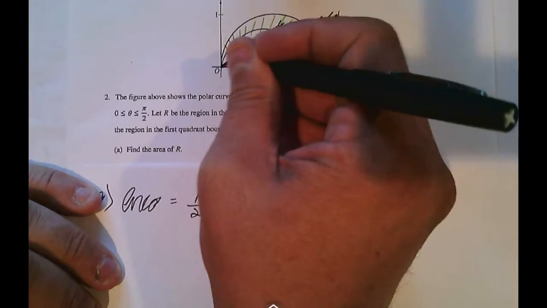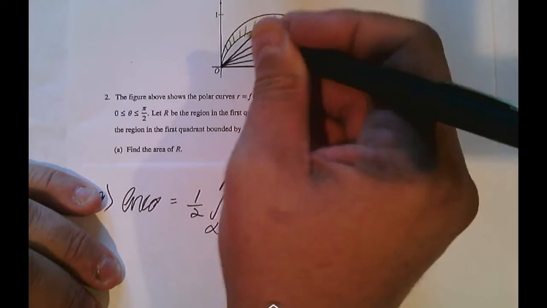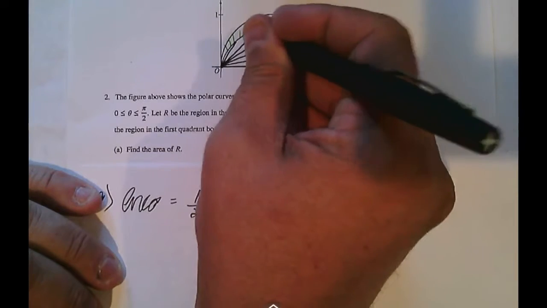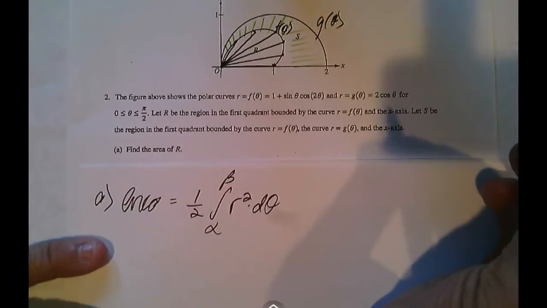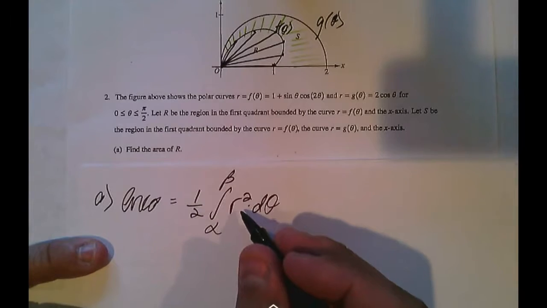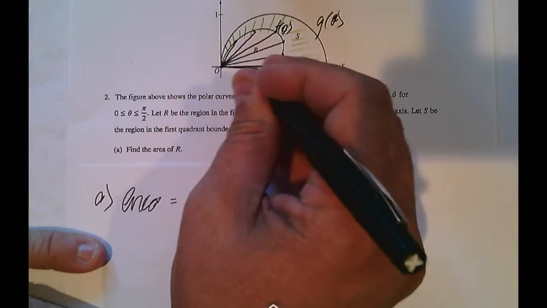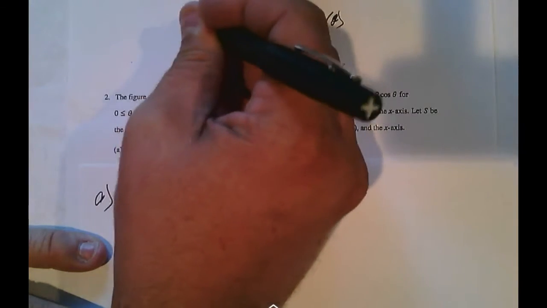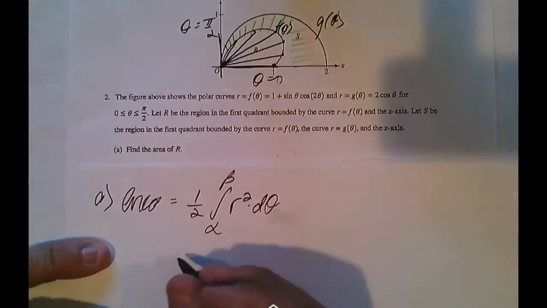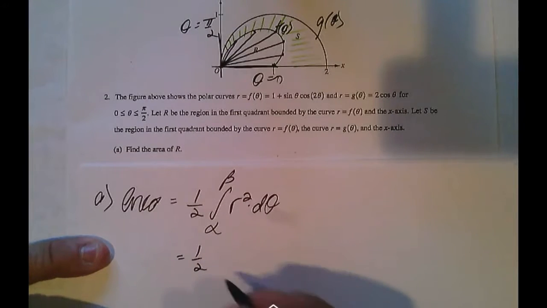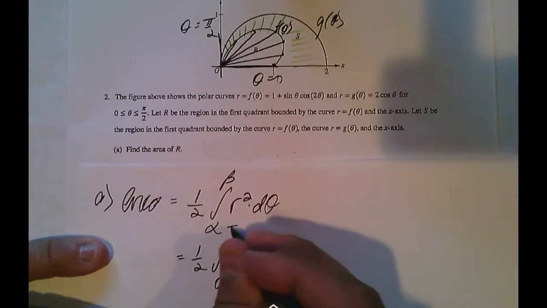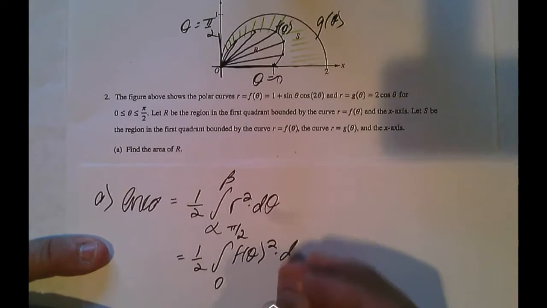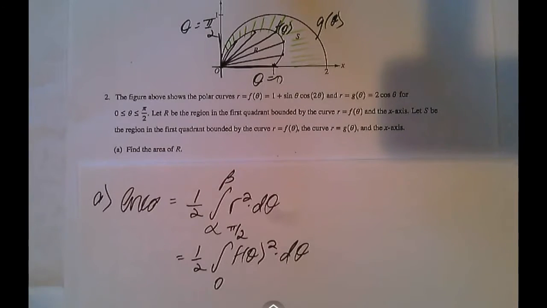You're starting at the origin, or the pole, and going all the way out to the curve. In each case, the length of that radius is defined by f of theta. My starting angle is theta equals 0, and I'm going to end at theta equals pi over 2. So my integral is 1/2 times the integral from 0 to pi over 2 of f of theta squared with respect to theta.